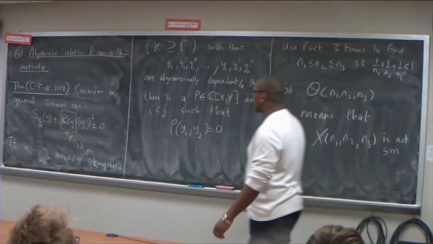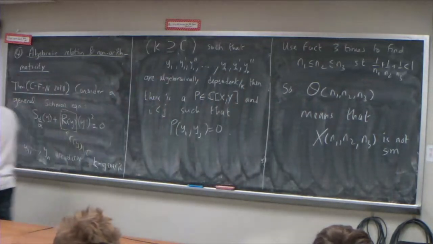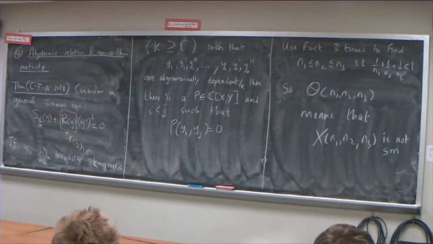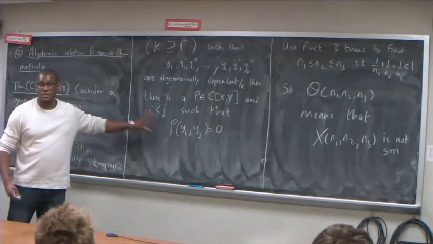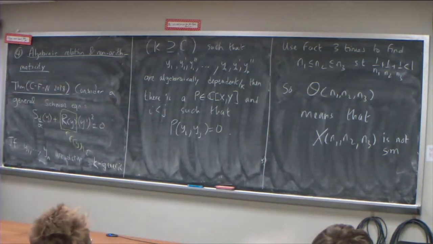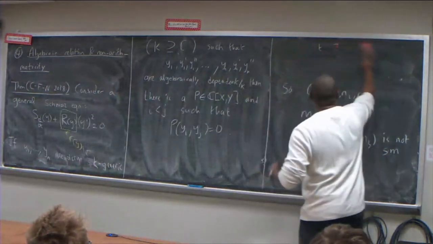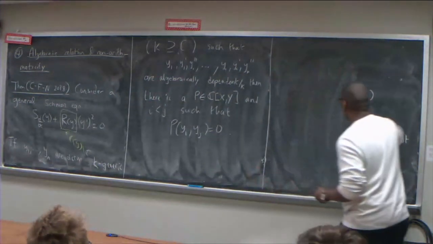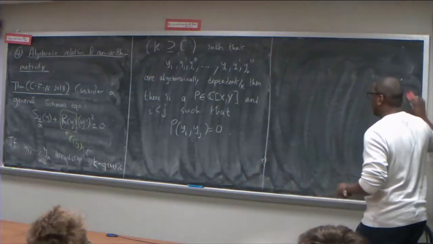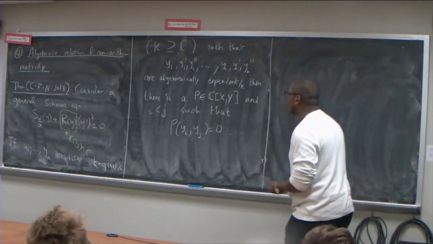And so what we have to do then is simply try to show for the generic case that there can't be any such polynomial. Okay? Yeah, that's the point. So no derivatives.